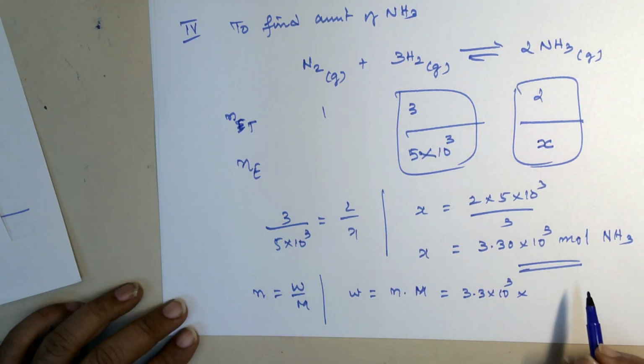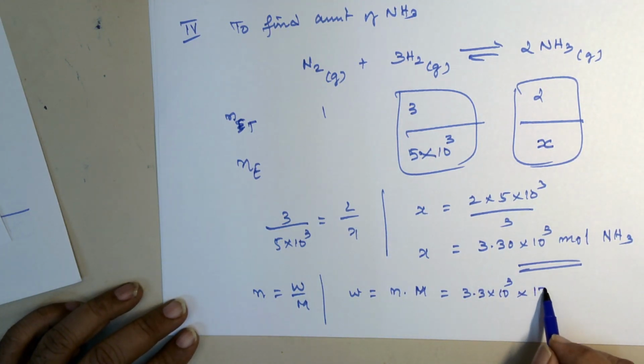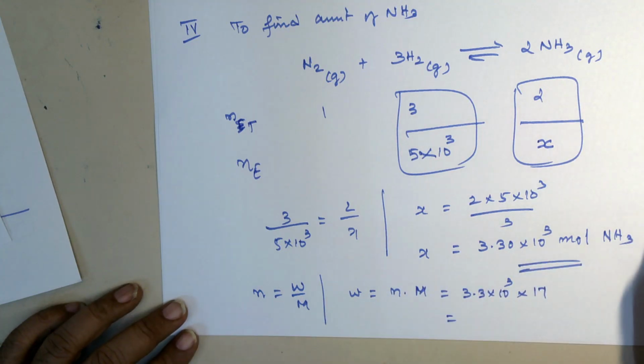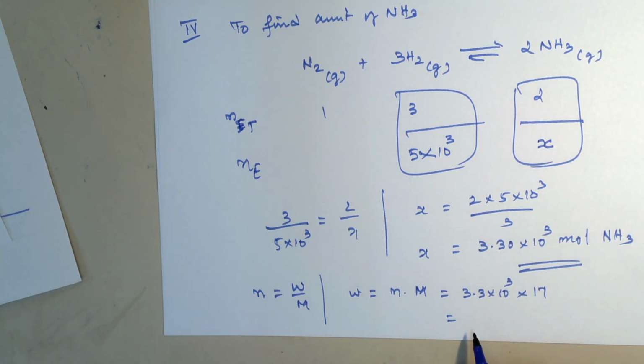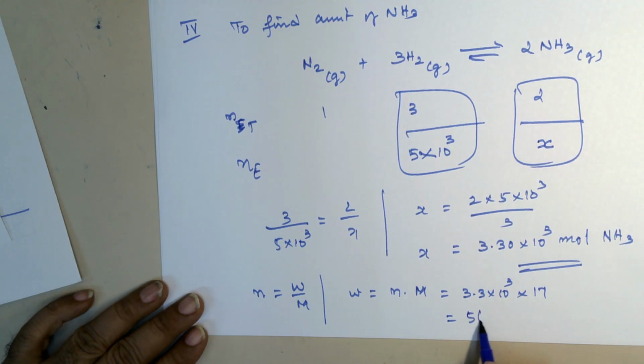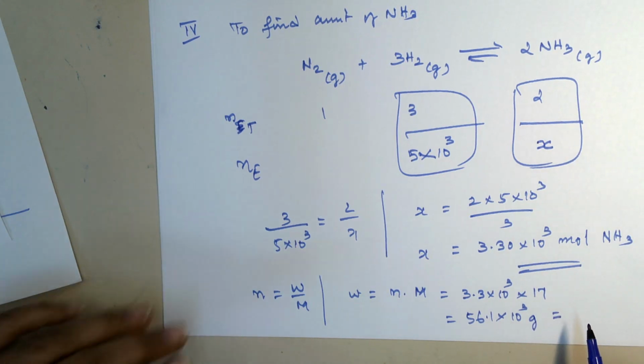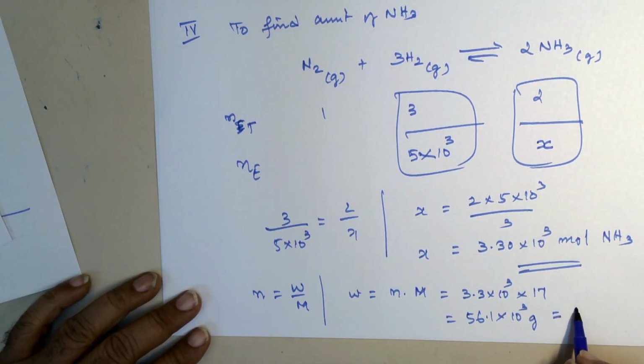And what is the molecular weight of ammonia? 17. Now tell me the value. How much? So it means 56.1 into 10 cube, right? This much amount of gram or kilogram? Gram. So this can be converted into kilogram because initially they are given in kilogram. So 56.1 kg. Got it?